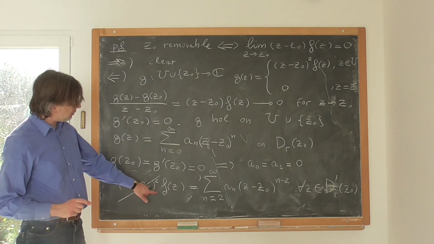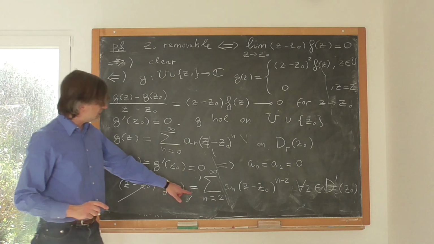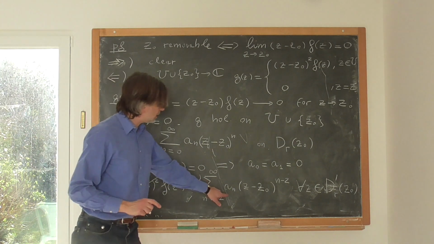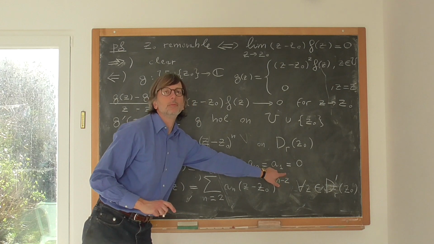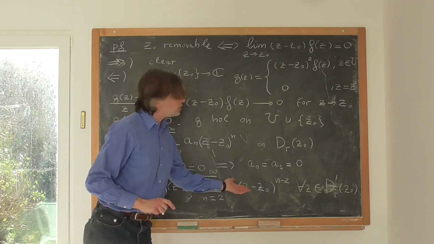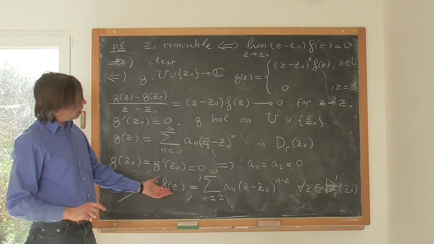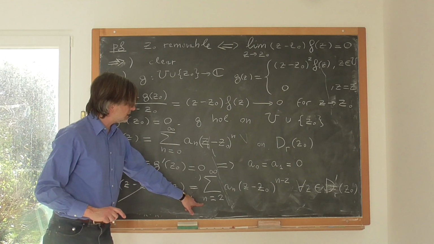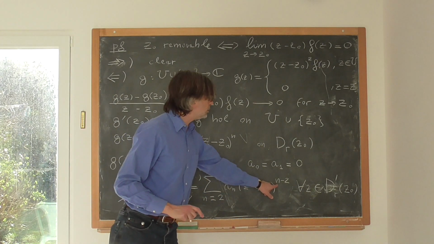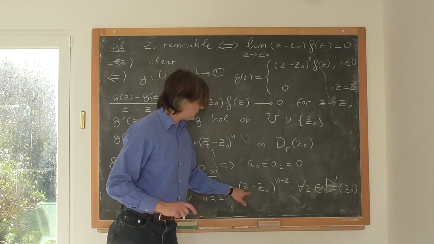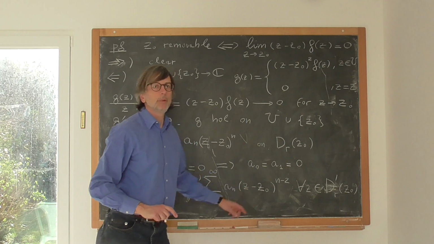So we obtain that f of z is the sum of this series, a_n times z minus z naught to the power n minus 2. And this is actually a genuine power series, because here the index starts with 2, so here we have only non-negative powers of z minus z naught.